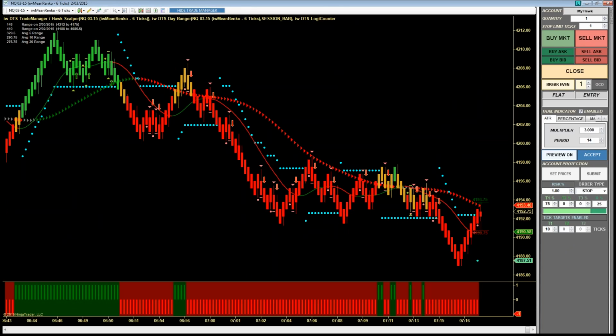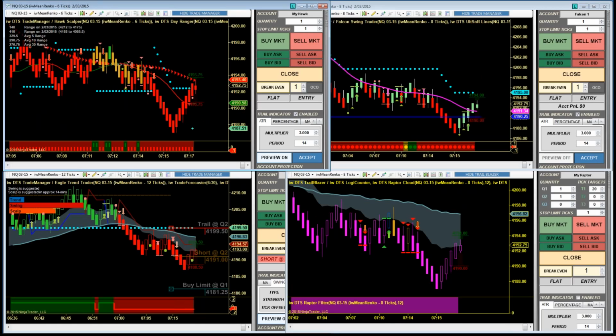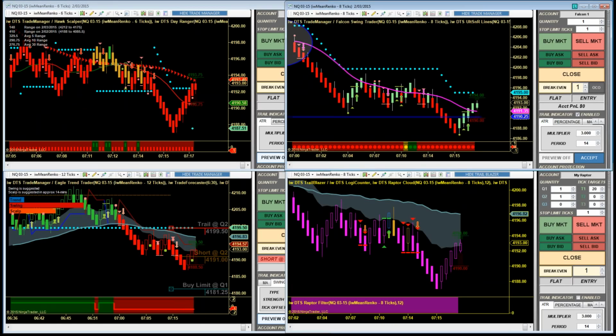All right, so unfortunately a little bit of a deeper retracement there on the NQ, or deep enough to hit our trailing stop. The market's still very neutral at the moment.